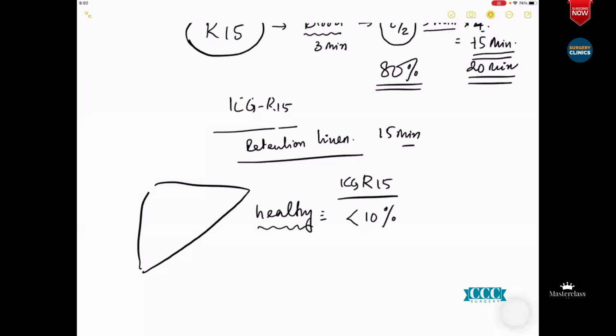And if it is less than 10%, for a surgeon like you and me, it means I can very safely remove more than 2 segments of the liver. Understand the dynamics of the story. Have you understood up till this point?